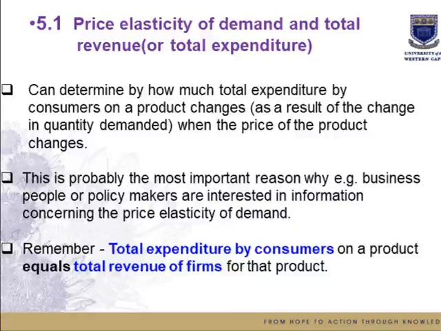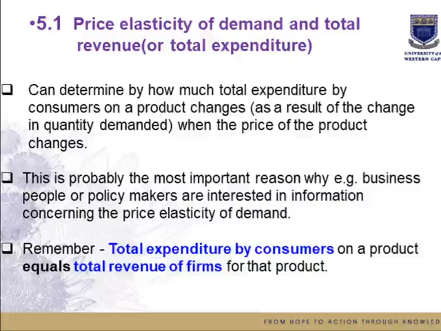This is the most useful piece of information produced by the concept of price elasticity of demand to economists, businesses, and policymakers. Total revenue collected by firms is the same as total expenditure by consumers on goods and services, which is equal to the price multiplied by the goods sold.